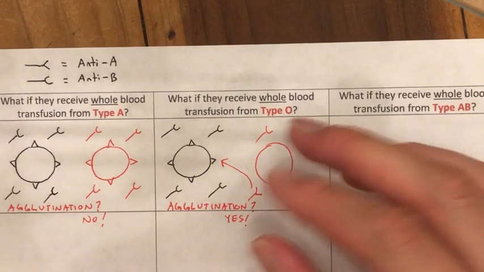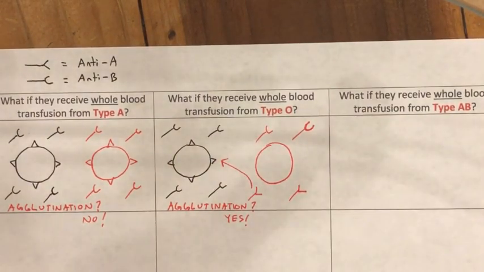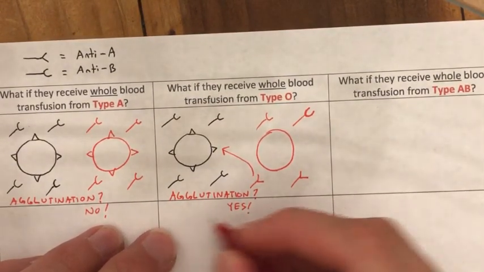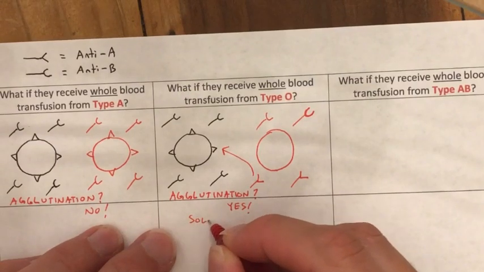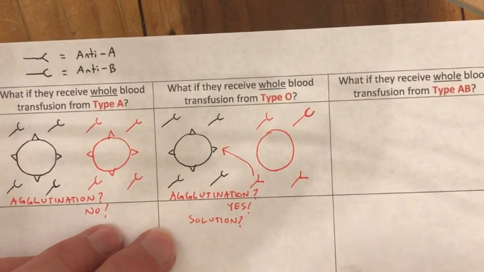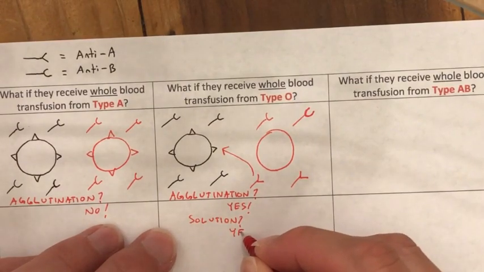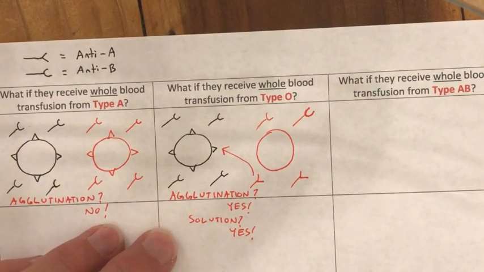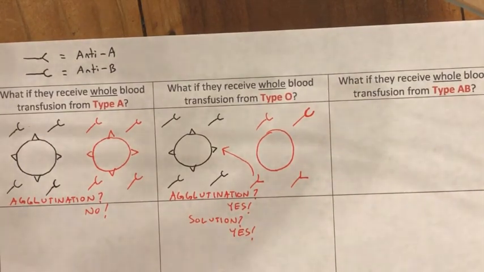So they take away the antibodies, and thus there's nothing to attack anything else. So while there is agglutination, is there a way to solve the problem of agglutination? Also, yes. You can solve it by removing the antibodies via centrifugation or maybe other methods.